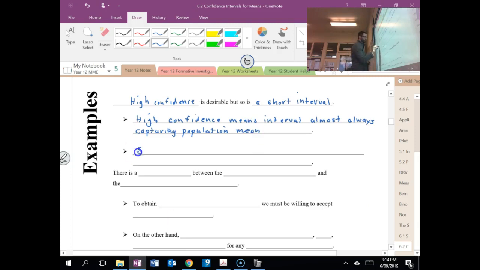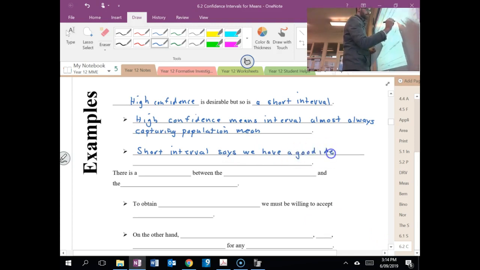If we've got a short interval, it says we have a good idea of mu, so we're going to know a fair bit about the population mean with a small margin of error.